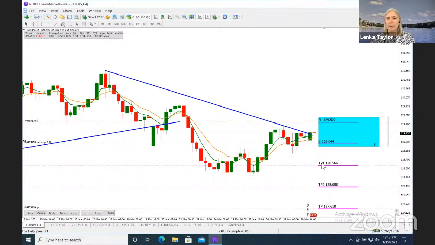I usually have TP1 and TP2 most of the time, and sometimes TP3 if I think it might go a bit further. But yeah, it just depends on your strategy and what you want to get out of the trade.